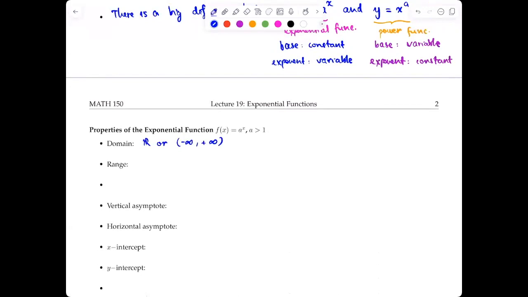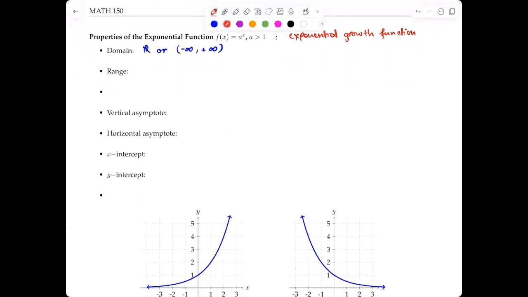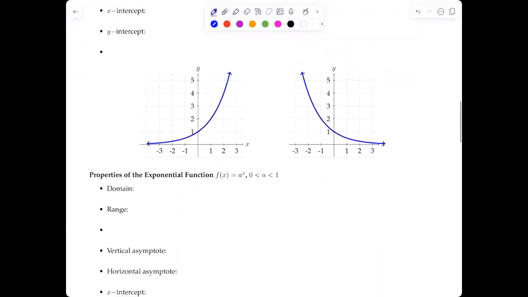And we are considering exponential growth functions, right? Because a is greater than 1. So let me note it here. This is exponential growth functions, and this property corresponds to the first graph. So a is greater than 1, exponential growth.